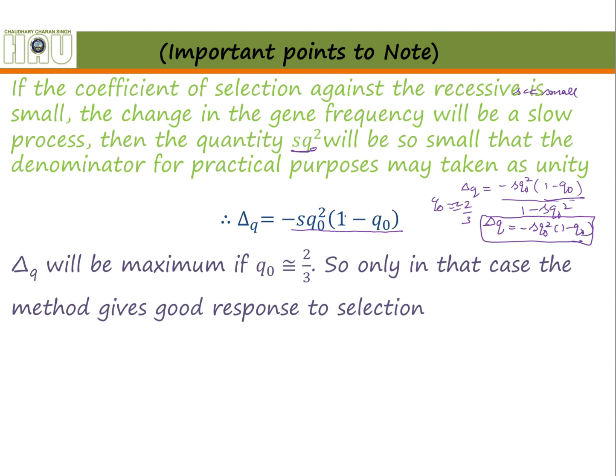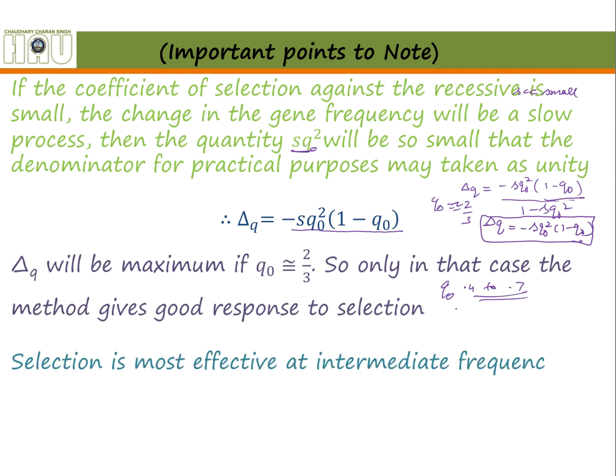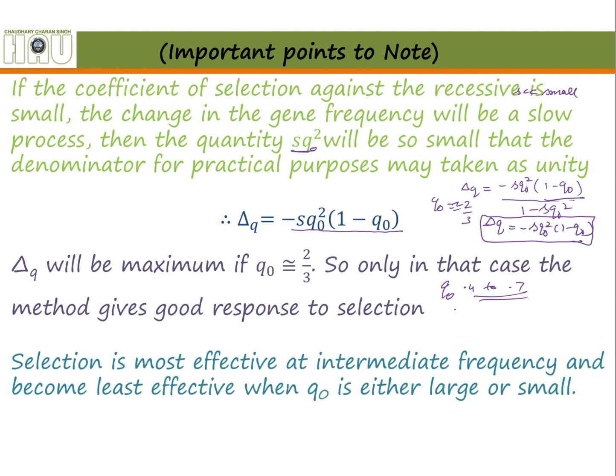Another point you should keep in mind is that selection is most effective at intermediate frequencies and becomes least effective when Q0 is either large or small.